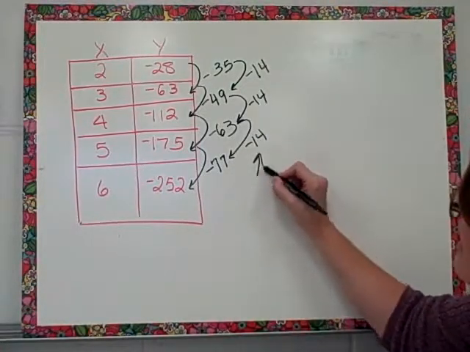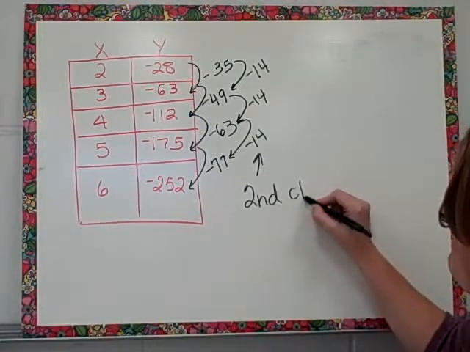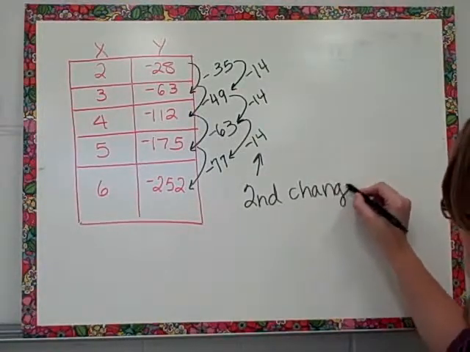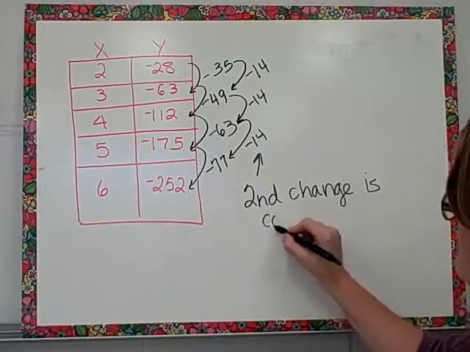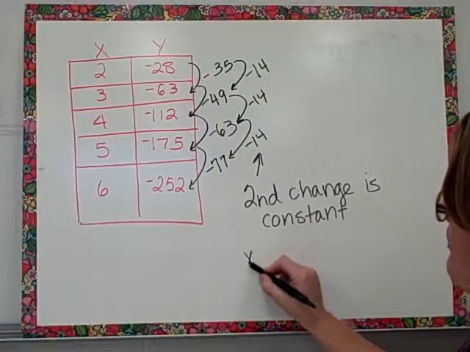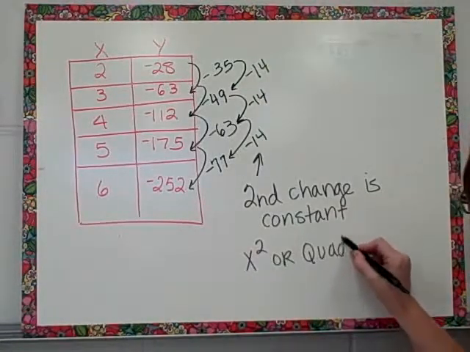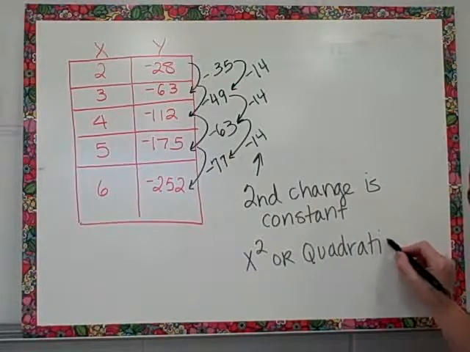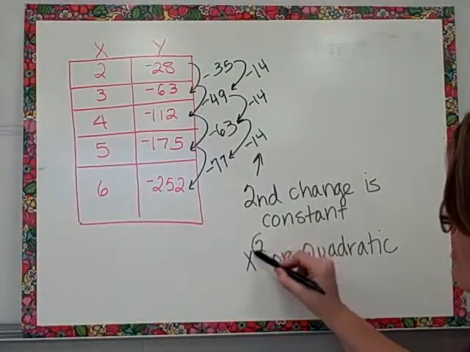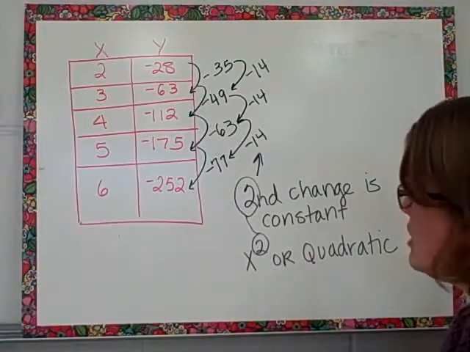So on the second go around, my second change is constant. And that happens when we have an x squared or quadratic equation. One easy way for me to remember that is the 2: I'm looking for the second change to be constant.